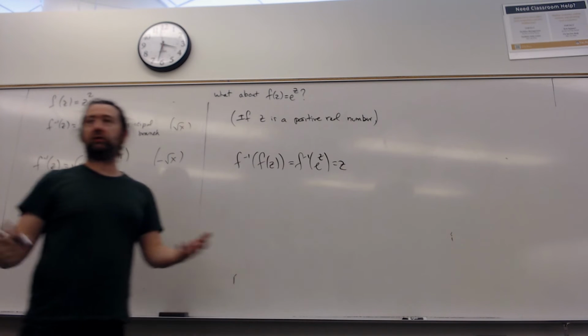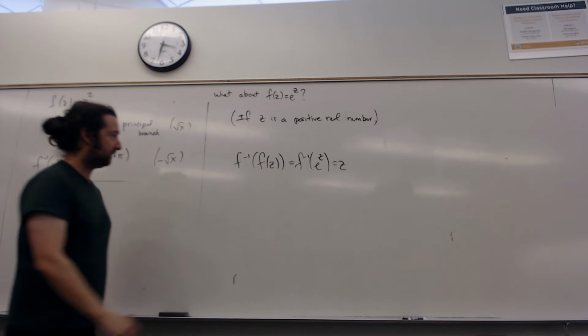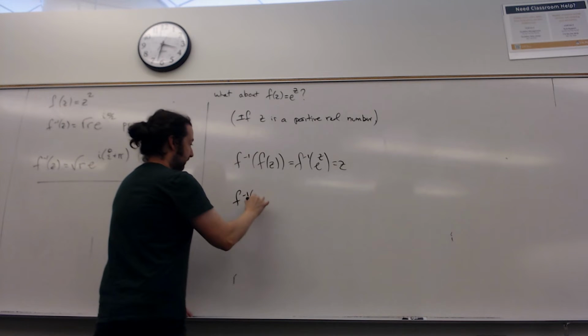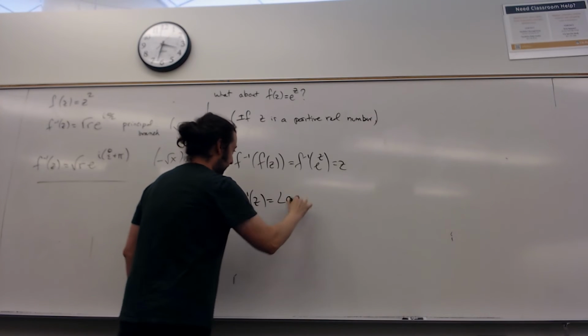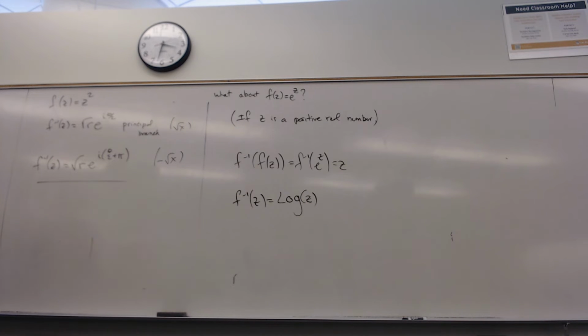Let's call the function that does that log. Seems like a reasonable thing to call it. So f inverse of z is equal to log z. Capital Log, because we're defining the principal branch of the log right now. There's a choice that we're going to need to make.